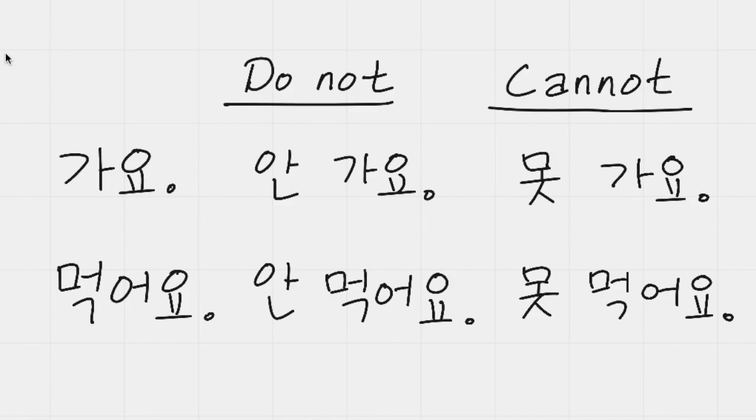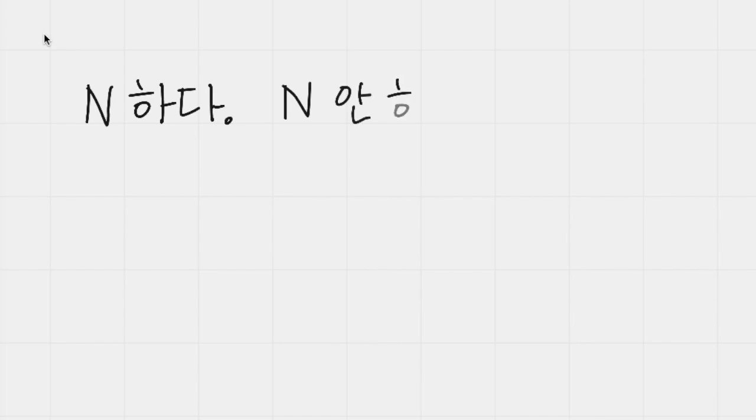Next example. This time I'm going to use 하다 verbs with nouns. Noun 하다, then noun 안 하다, and noun 못 하다.